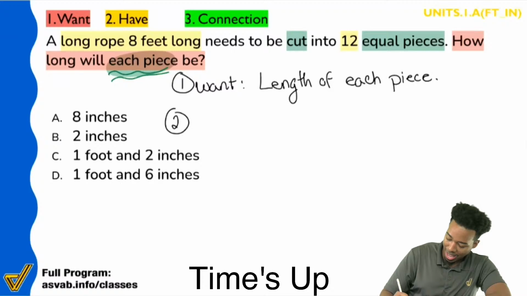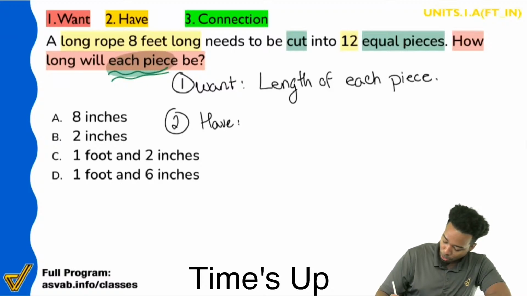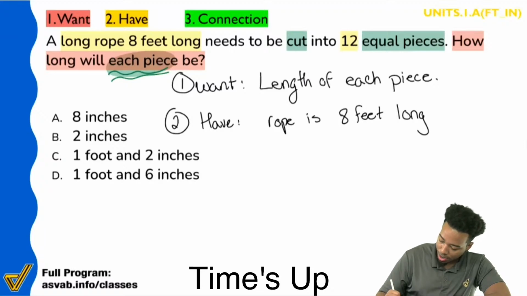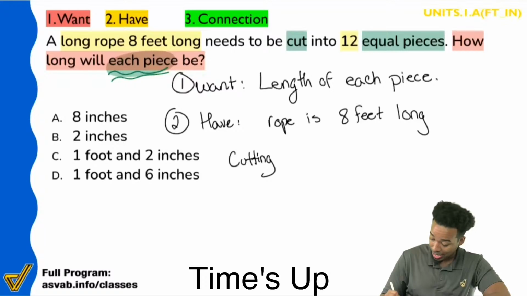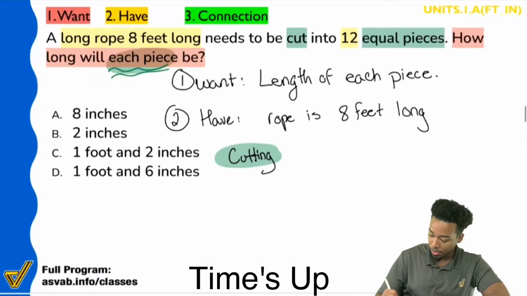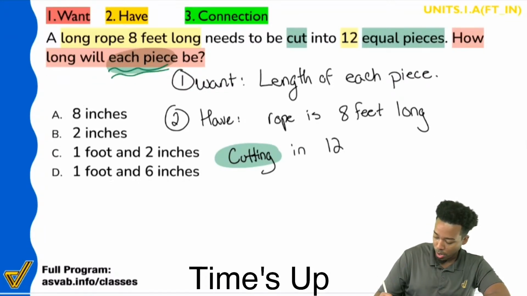And then what we have is we have the rope is 8 feet long. And then we also have, I'm going to highlight that in green, we're cutting into 12 equal pieces.